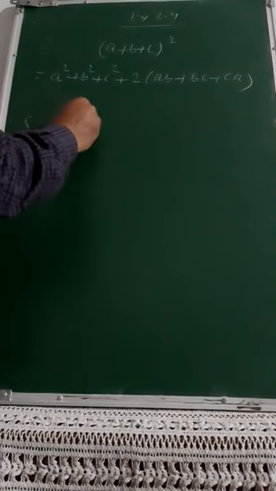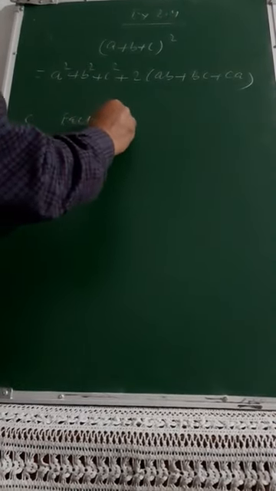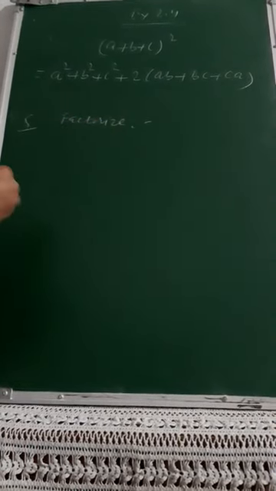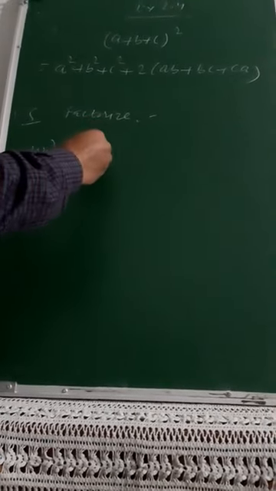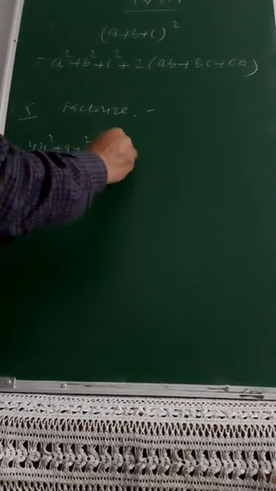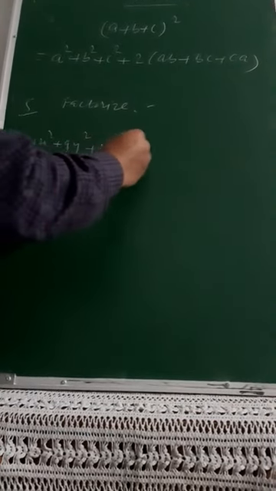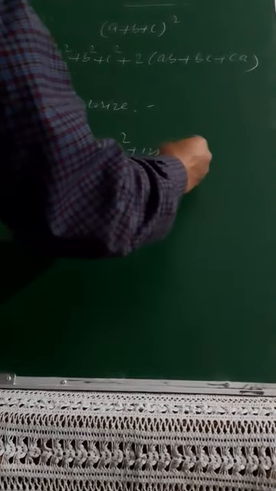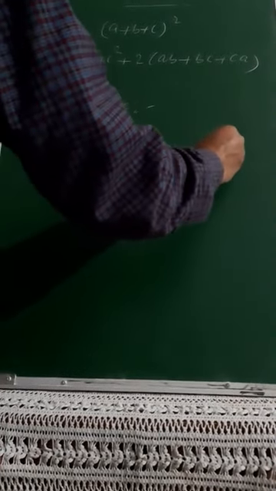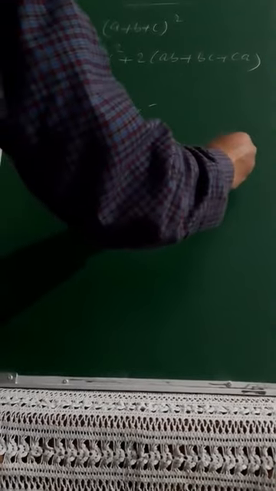You need to factorize now. Like here it is 4x square plus 9y square plus 16z square, and then it is plus 12xy minus 24yz and minus 16xz.